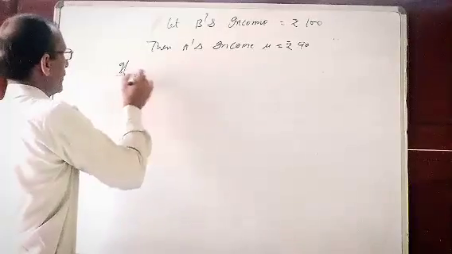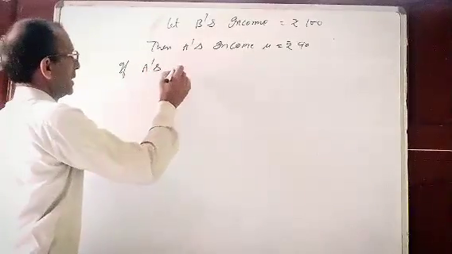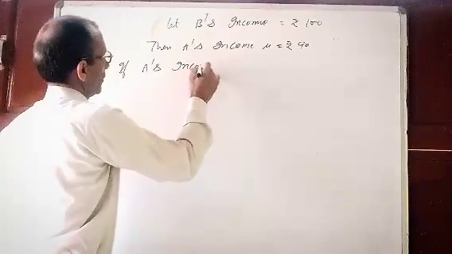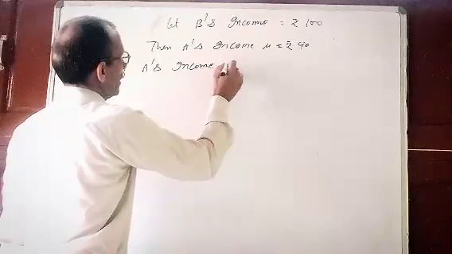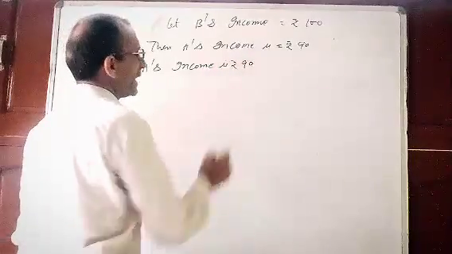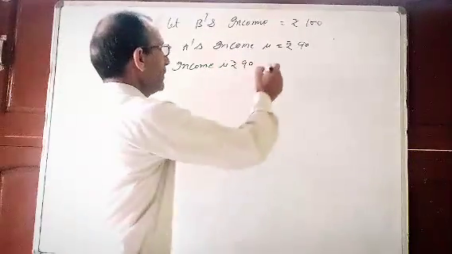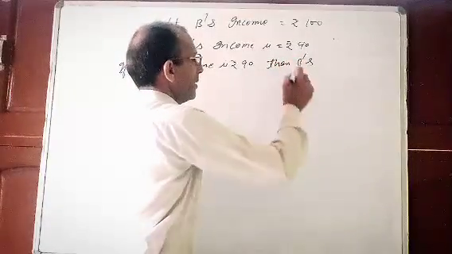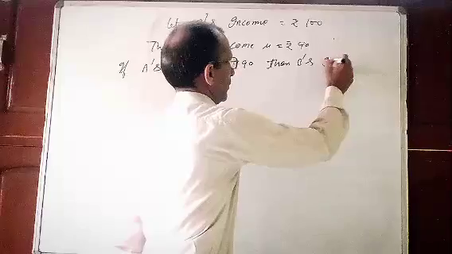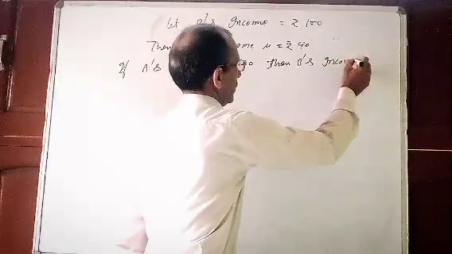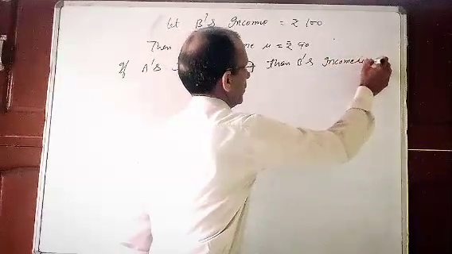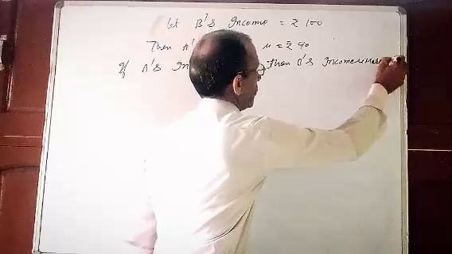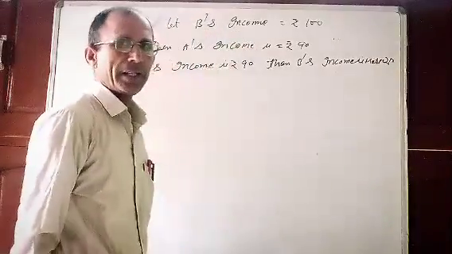If A's income is rupees 90, then B's income is more by 10 rupees. By 10 rupees.